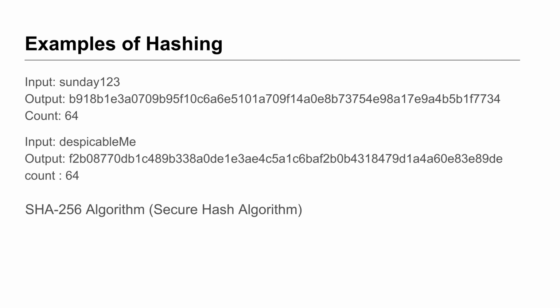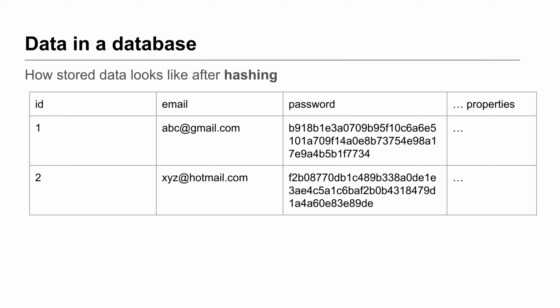This hash code was generated using an algorithm called SHA-256. Now this is a very popular algorithm used in the industry. So this is how the data looks after hashing has been applied. So the old password of Sunday123 has now become random characters, which makes absolutely no sense anymore.